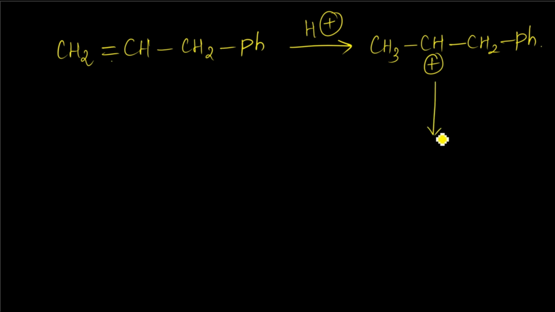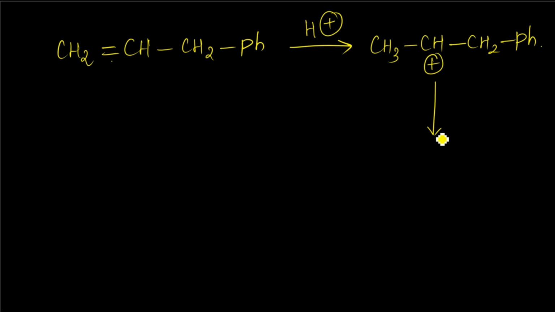Now you have to look at one thing, that is, is there any chance of doing the rearrangement? So whenever you are finding any carbocation, whenever stability matters, in that case you have to look upon the ring formation, or any rearrangement that can happen over there to make it much more stable.